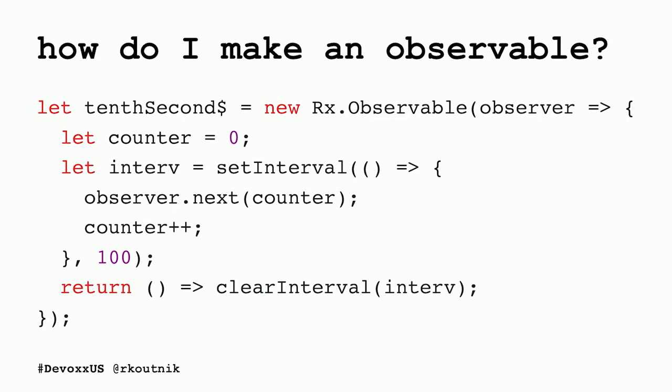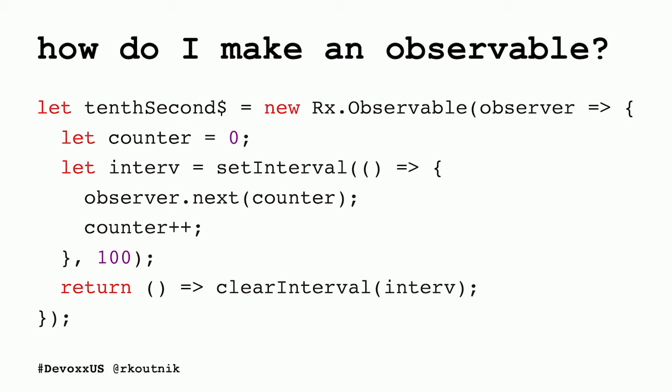In this case, it's a number. That's simple. But it could be as complicated as a new chat message or a new database row to process or things like that. This is JavaScript. We don't do typing. And finally, we return a new function. And that function clears the interval.